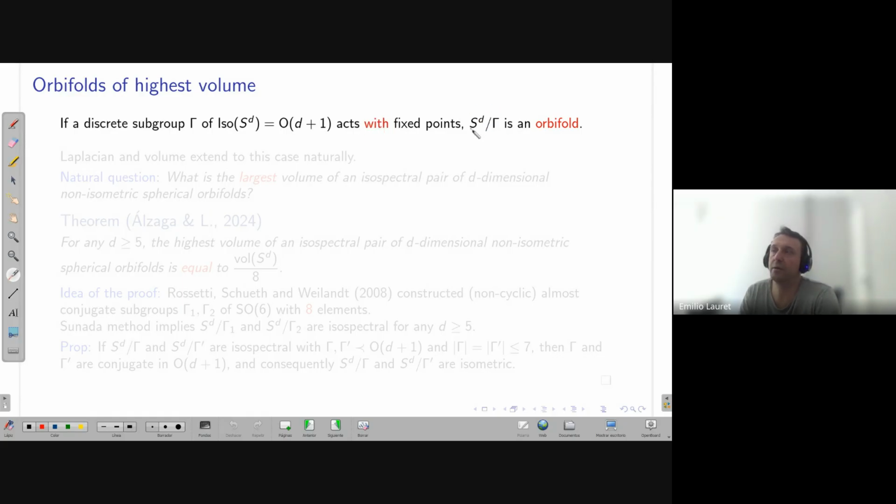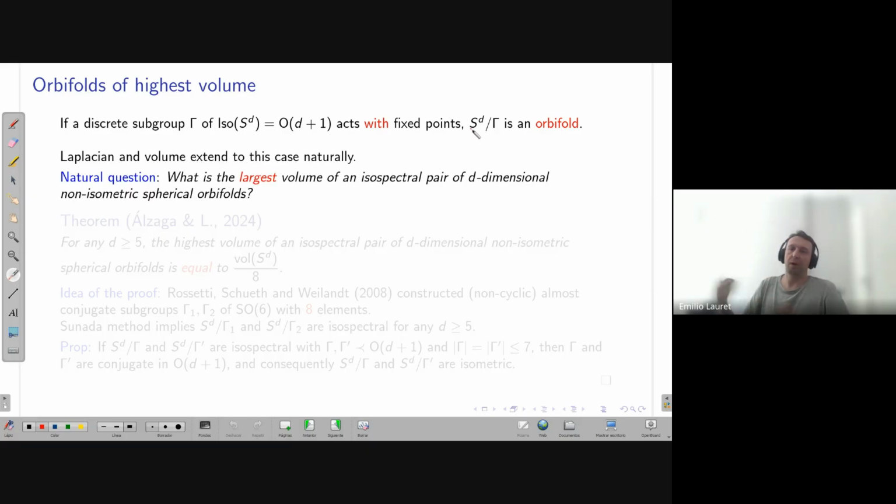And the quotient is an orbifold. It doesn't have the differentiable manifold structure anymore, but the tools and notions that we have used extend to orbifolds in a natural way. In particular, the Laplacian and the volume go in the same way, so the questions make sense among orbifolds.